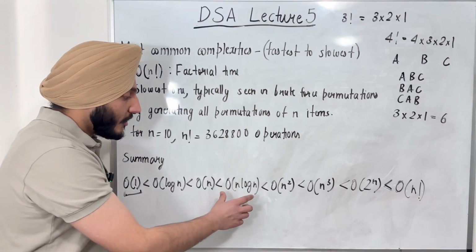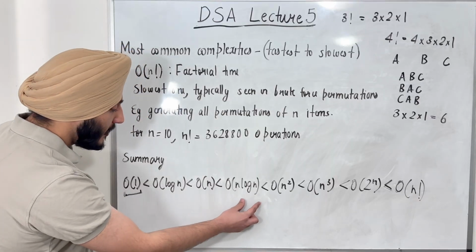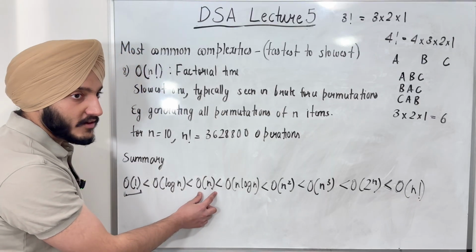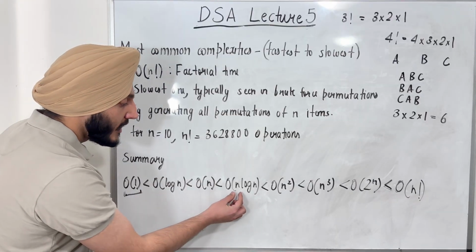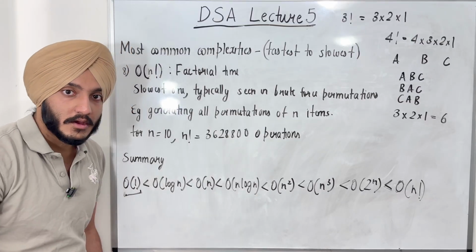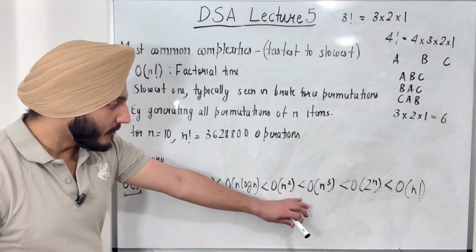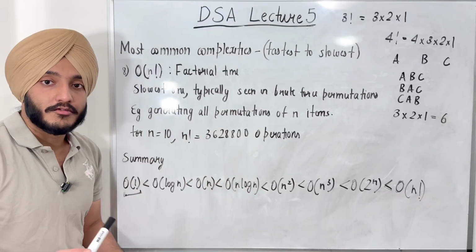Fourth is n log n. This is a combination of log n and n. In very simple words, for every single element, I'm performing log n operations.